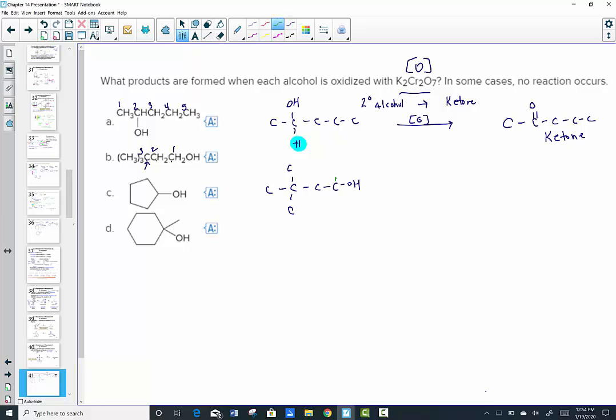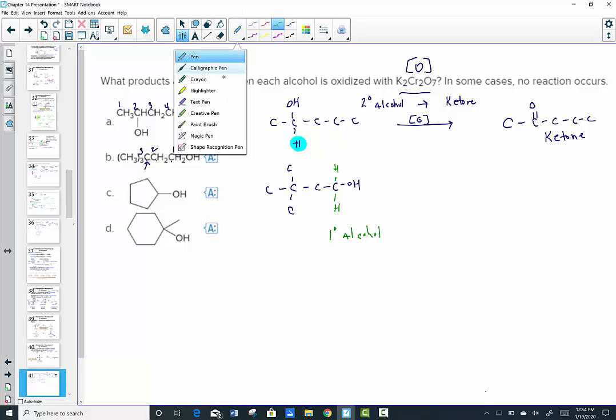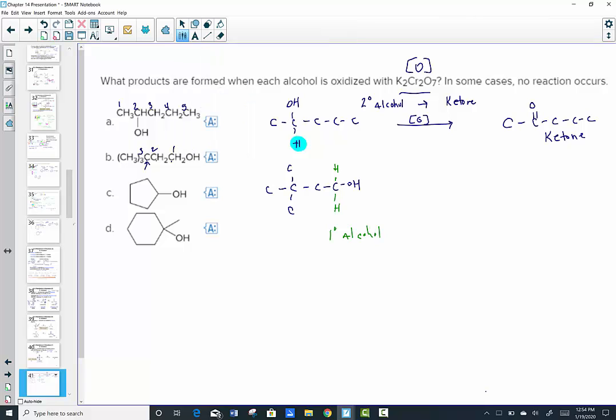So that means this is a primary alcohol, meaning I have 2 available hydrogens on that carbon. So when I oxidize, I eliminate the hydrogens that are on the same carbon as the hydroxyl group. So in the first oxidative process, the primary alcohol goes to an aldehyde.